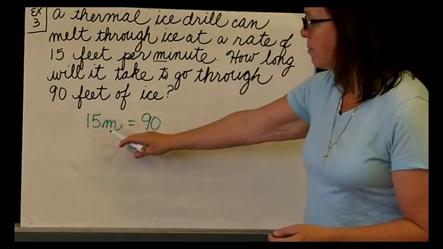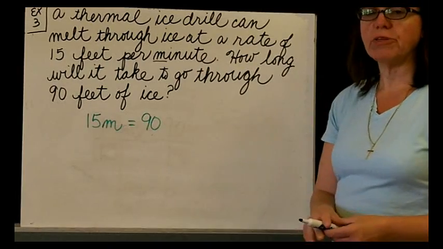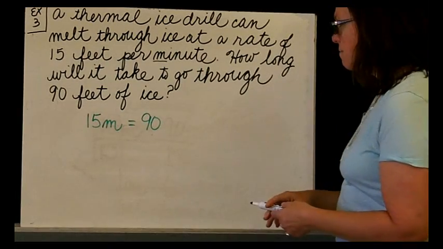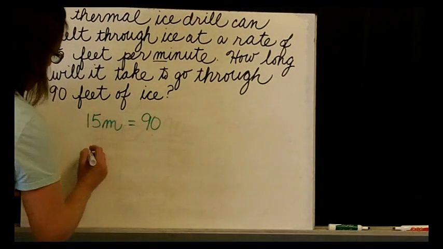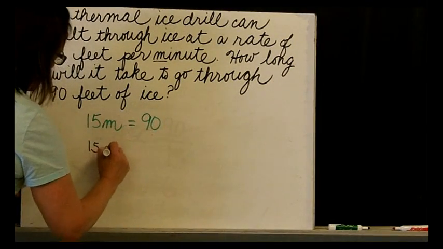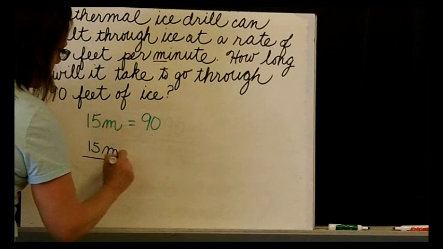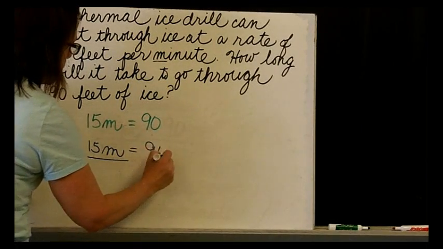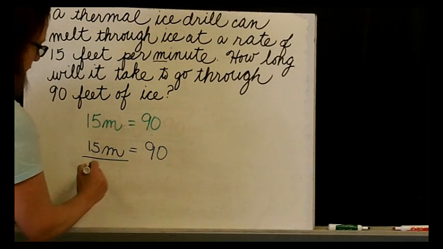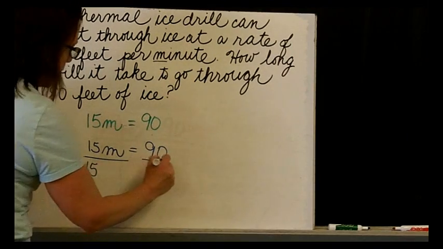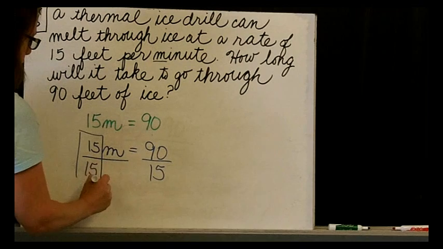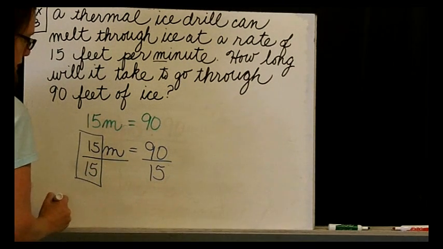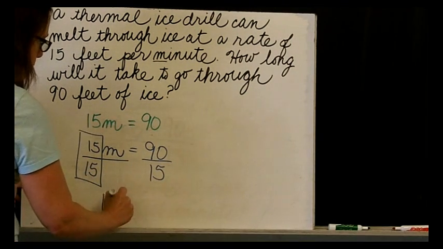Right now, the m, which is our variable for this problem, is being multiplied by 15. So we have to use our inverse operation. So we have the opposite of being multiplied by positive 15 is to be divided by 15. Here we have a coefficient of 1, 1m.